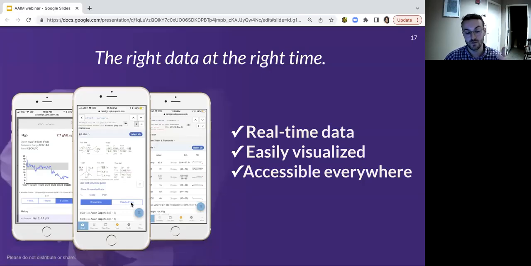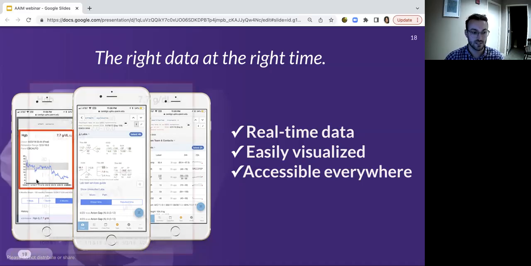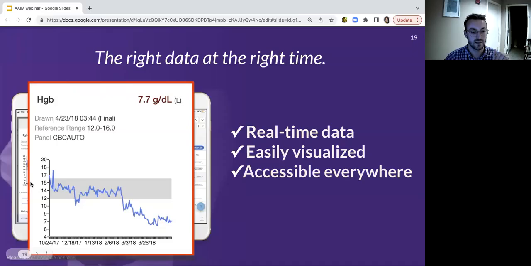If you do it by the time at which it's resulted, you're picking up the most recent things that have just come back. If you click on any of these things, it brings up the window on the left-hand side, which is a trend showing you in this case that somebody's hemoglobin has been dropping. The other thing that's nice about CareAlign is that it's color-coded. Anything within normal range is green, anything abnormal is red.